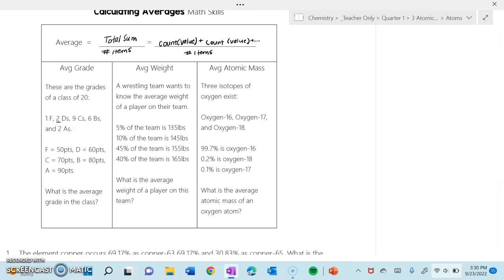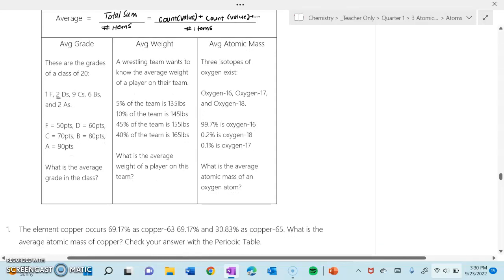It's a lot of addition of the same number, so why not use multiplication and make our lives a little bit easier? So the way we can do this, we've got our count. There's 1, and the value for F is 50.